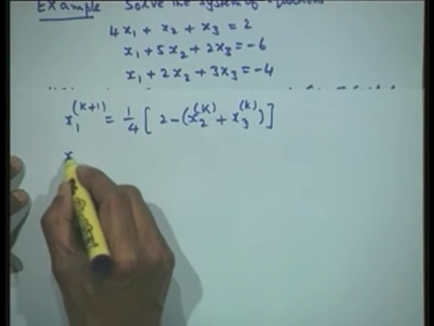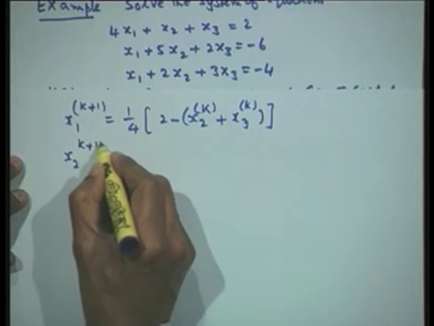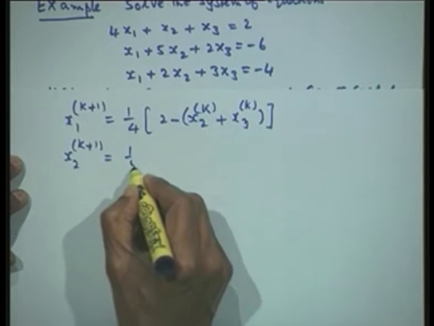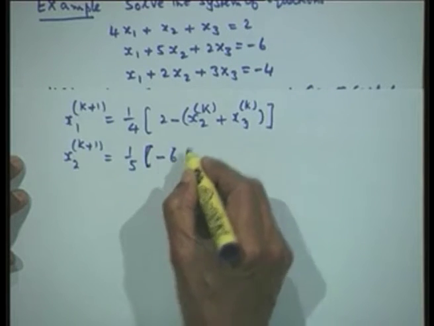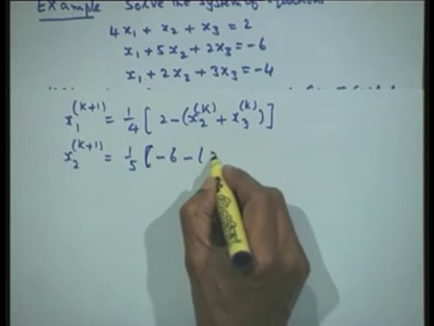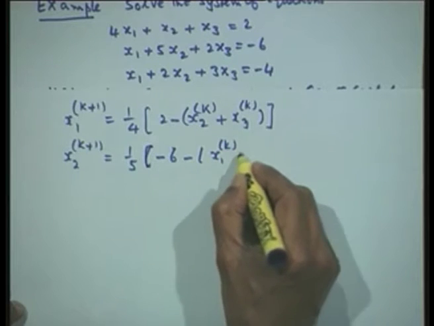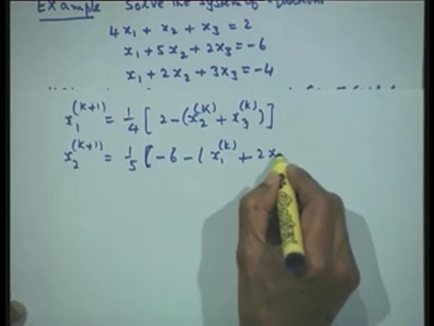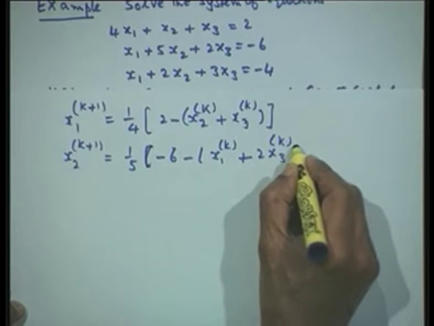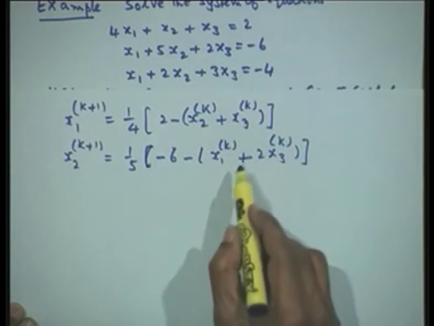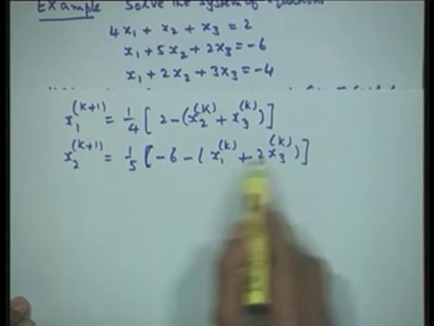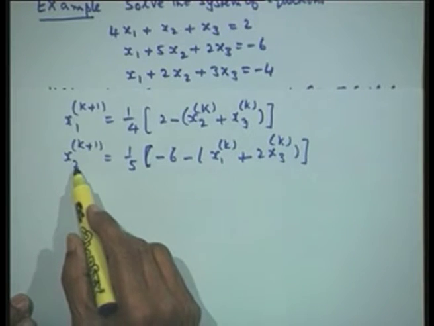The second equation gives x2 k plus 1 is 1 upon 5 of minus 6 minus x1 k plus 2 x3 k. So, x1 and 2 x3 are taken to the right hand side, these are the previous iterated values and the current iterate is here.